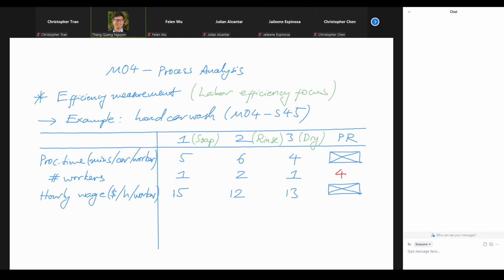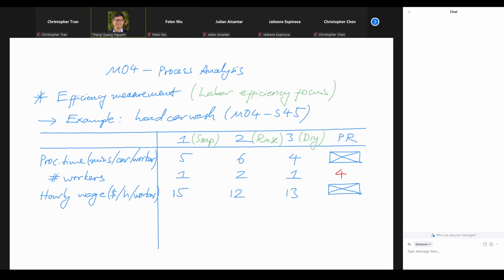Okay, so that's the basic information about the question, the fundamental information. So the next step is, whenever we deal with a multiple step process like this, or in other words, we talk about the level 2 analysis here, then we always have to find the bottleneck. And to find the bottleneck, we need to determine the capacity of the process, right?